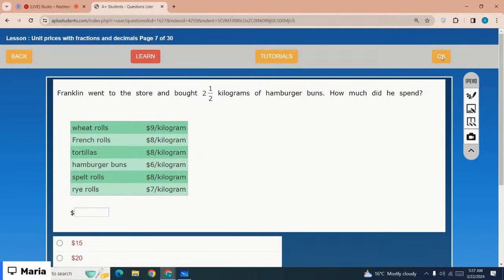Franklin went to the store and bought two whole 1 by 2 kilograms of hamburger buns. How much did he spend? So, which is the correct option?